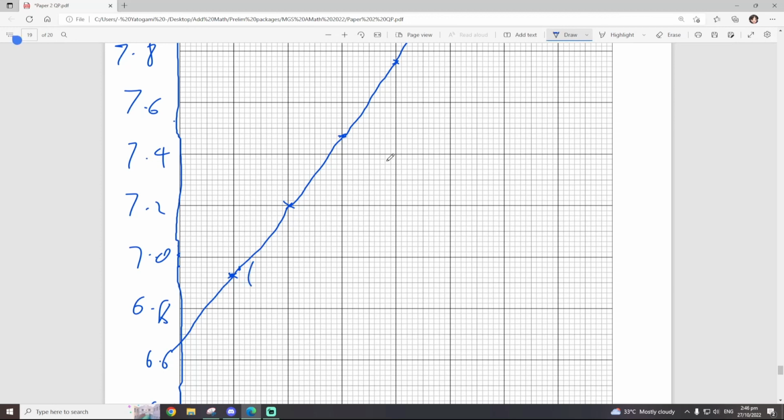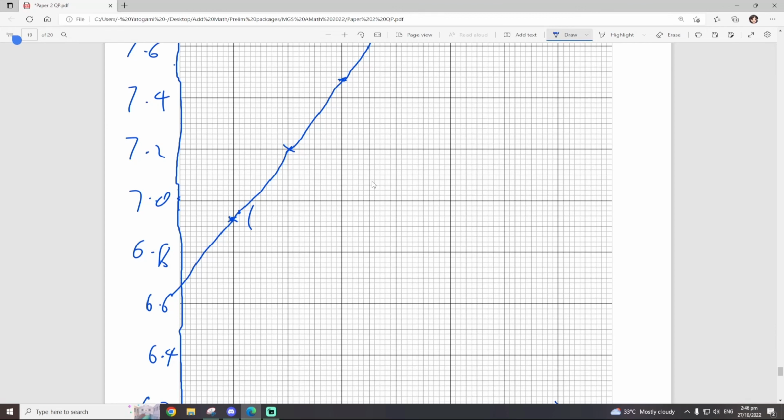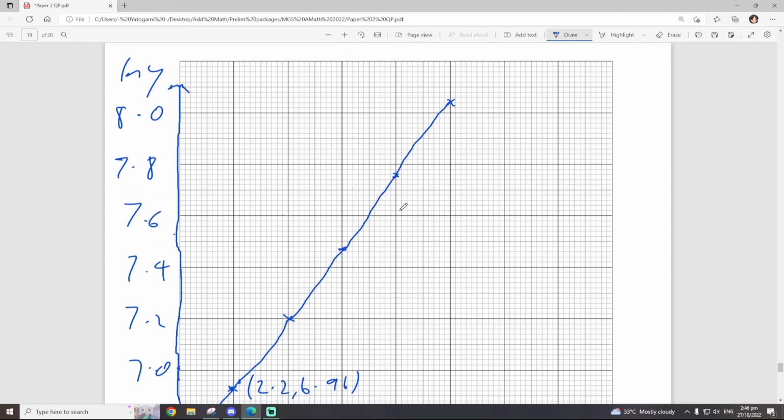This point is, oh no, this is 2.2 and 6.96. Then your second gradient point should lie within the fourth to last point. So you get 9.6, 8.00.